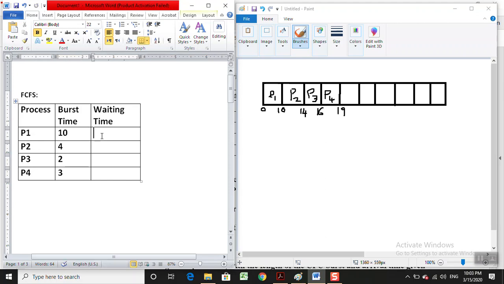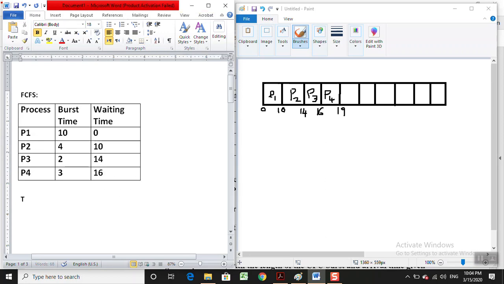P1 starts at 0 itself, so there is no waiting time for P1. P2 waits 10 milliseconds, P3 waits 14 milliseconds, and P4 started at 16, so it had to wait until 16 milliseconds.